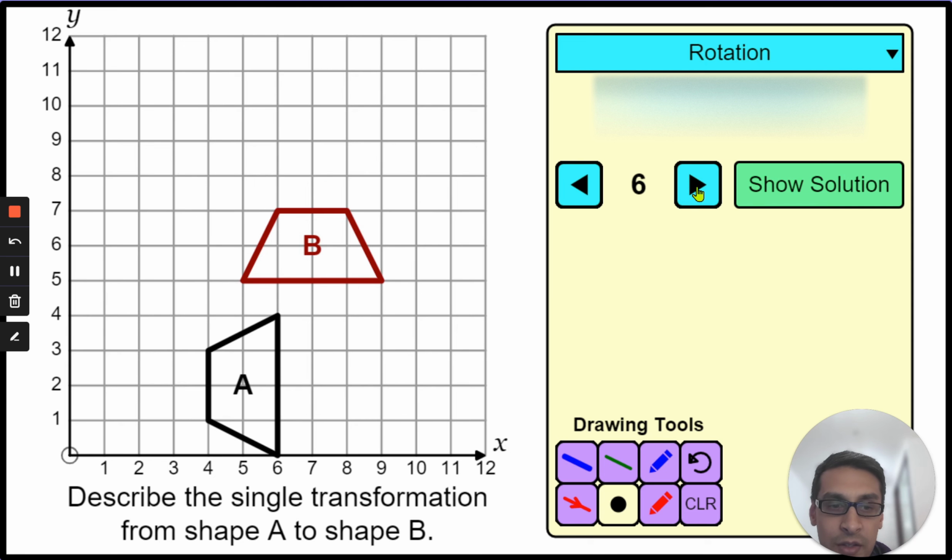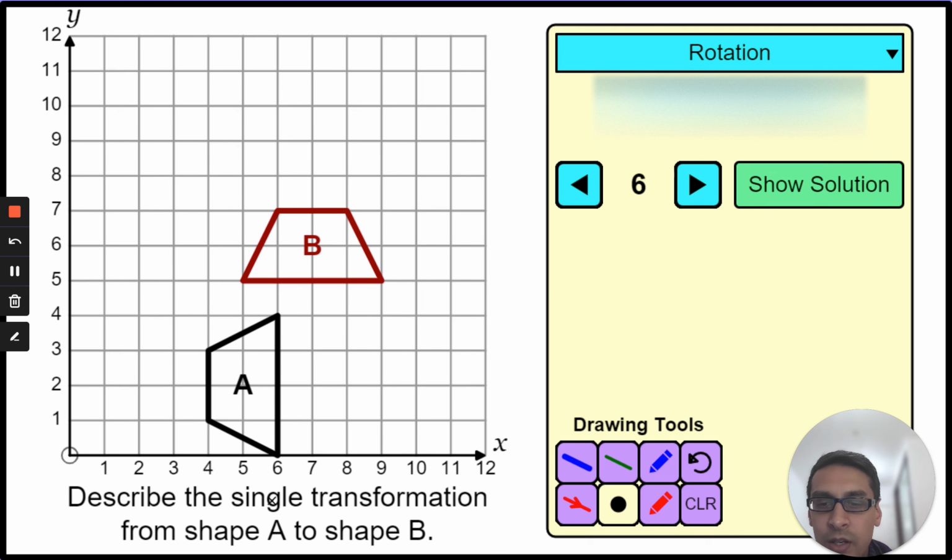What I suggest you do, and I can't really show this on the screen here, is put your tracing paper on your diagram, put your pencil on a point where you can see the grid, so all the vertices on the grid, and then spin your tracing paper on that point.